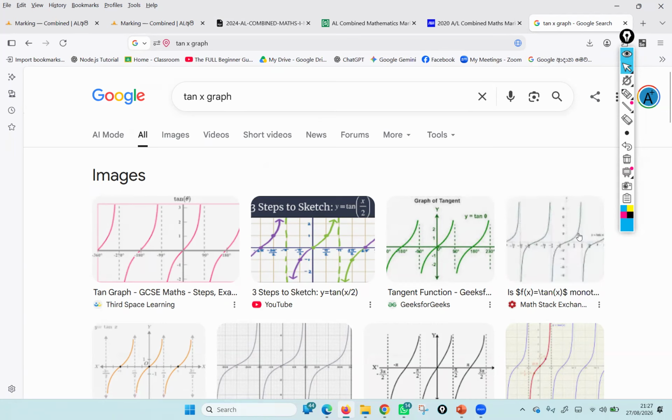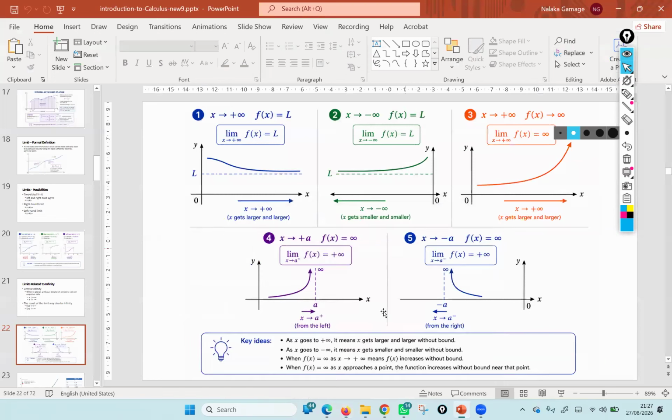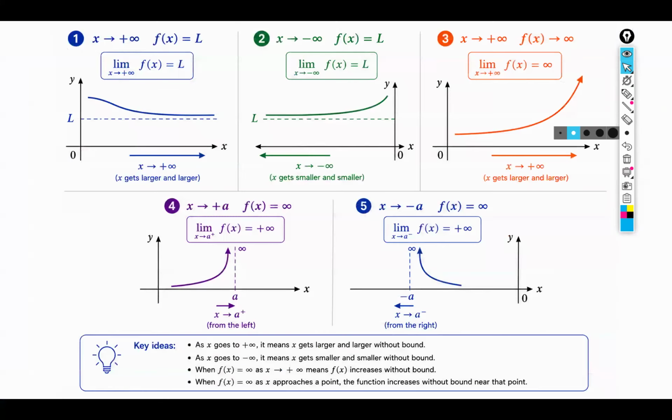Remember, tan 90, sorry, tan 90 is infinity, right? Tan 0 is 0, but tan 90 is infinity. So that kind of thing you can better understand.